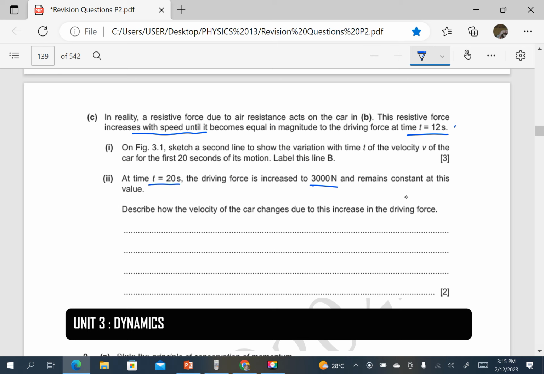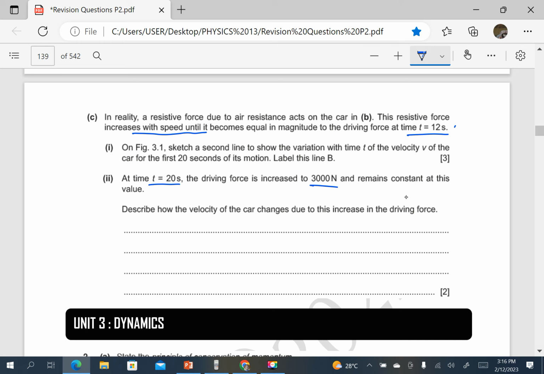So what happens when the driving force is increased so that it is now greater than the resistive force? Because the driving force is now greater, the car will now have an acceleration.